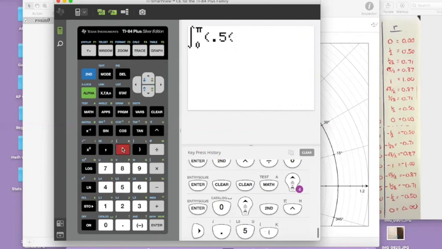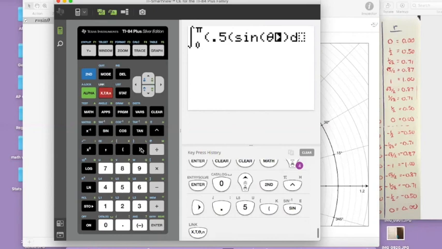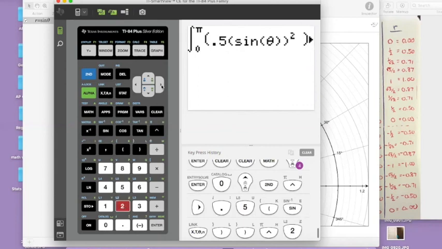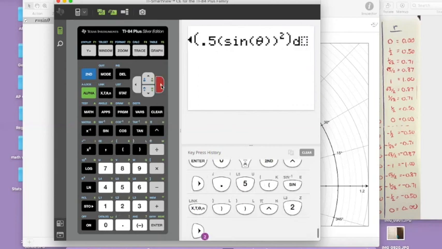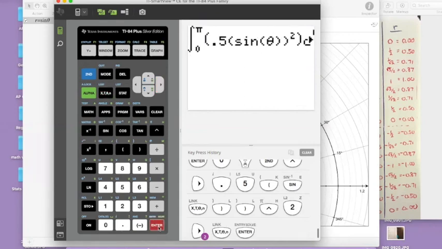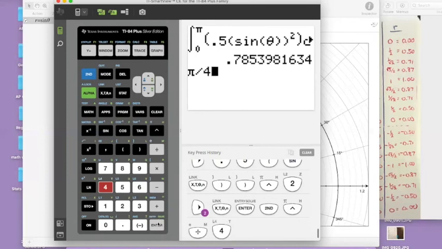So I want to parenthesize, squeeze in a sine of theta, close off the theta, now close off the sine, and I got to square that thing. And then finally, I got to give a variable of integration, which is going to default to theta. And when I hit enter, I get that, which if I, let's see, second pi divided by 4. Yeah, sure enough. Okay, so there you go.